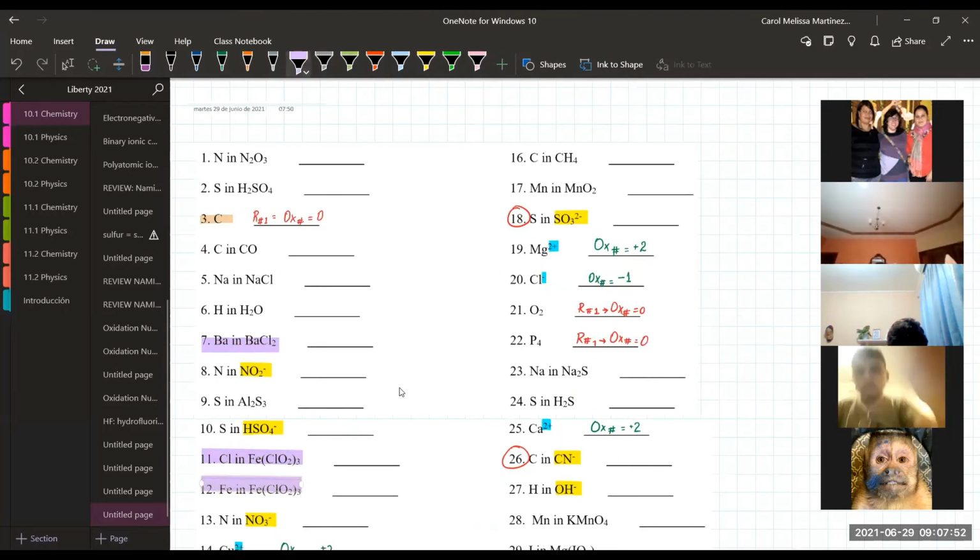It says barium in barium chloride, and the number 11 says... okay.